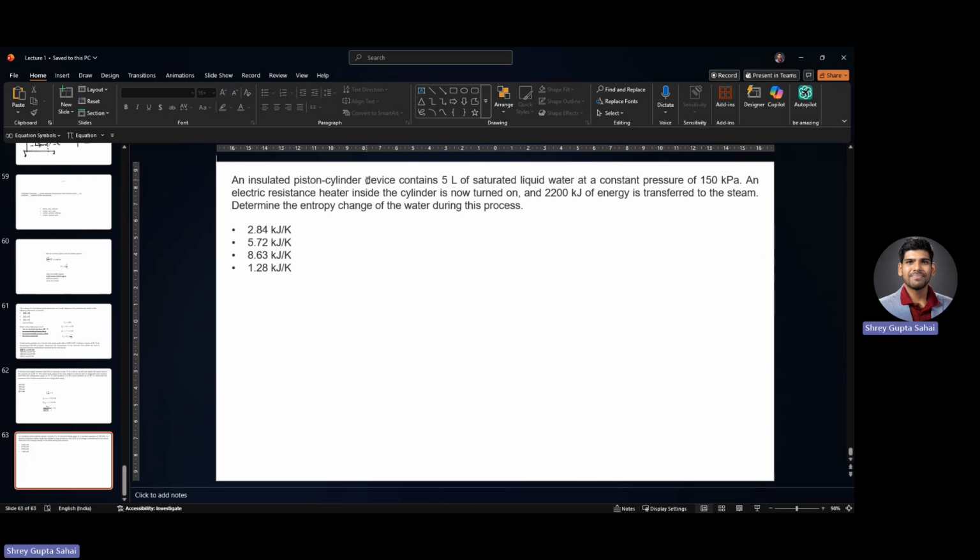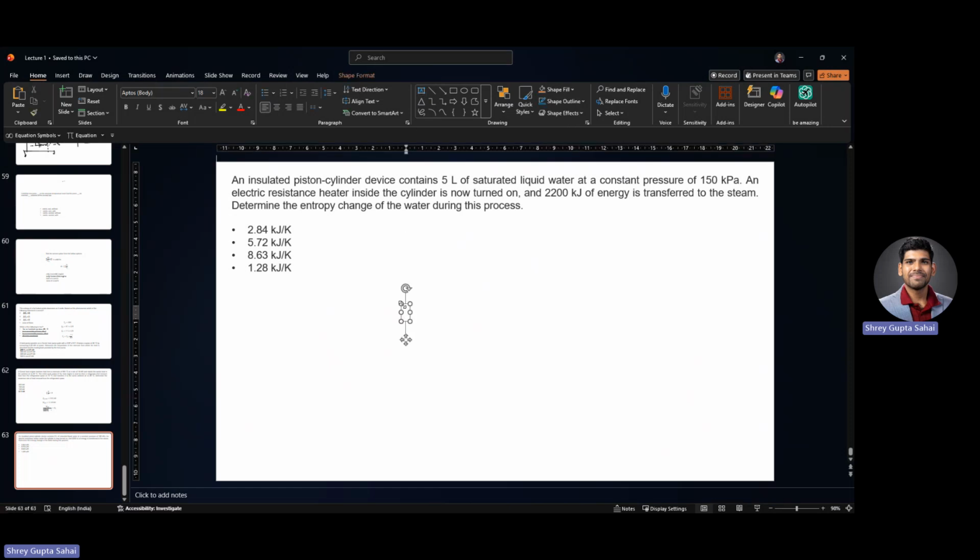An insulated piston cylinder device contains 5 liters of saturated liquid water at a constant pressure of 150 kilopascals. So what is the initial condition, the initial state? First of all, we have a total volume with us.